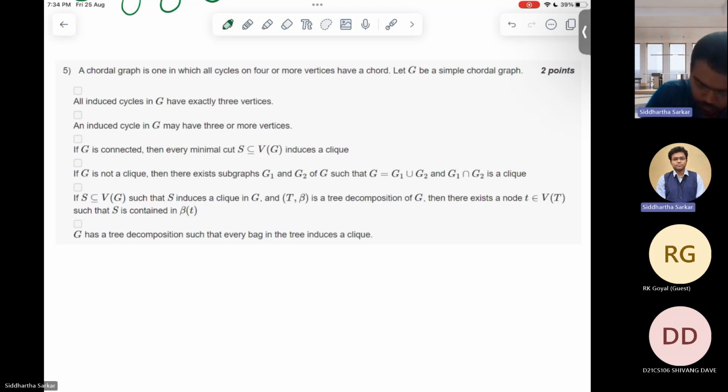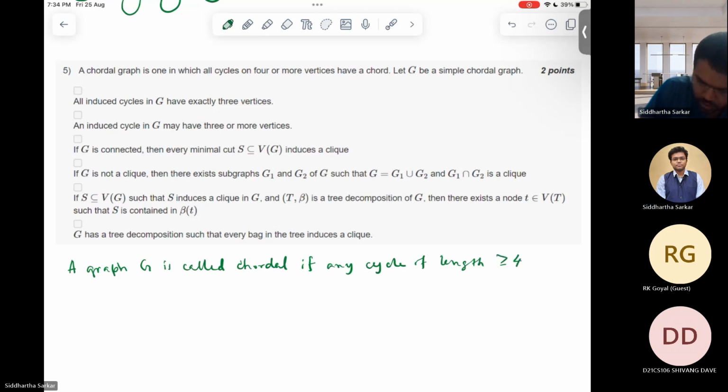Okay, so a graph is called chordal if any cycle of length 4 or more has a chord. So what is a chord? A chord is an edge connecting non-adjacent vertices in the cycle.